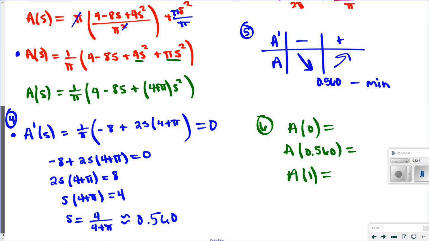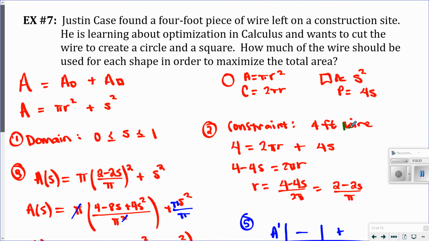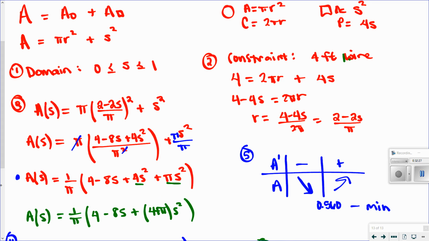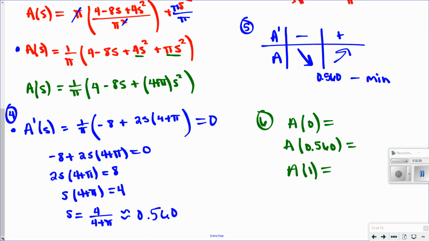Area with 0, 1.273. Area at 0.560 was 0.560, and the area of the side length of 1 is 1. So here's our maximum area.